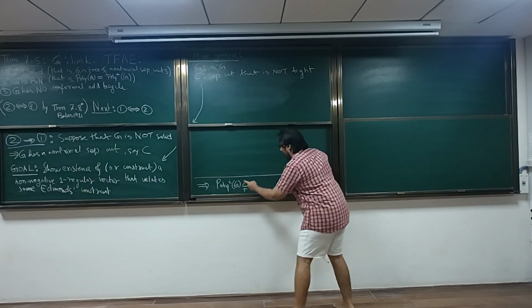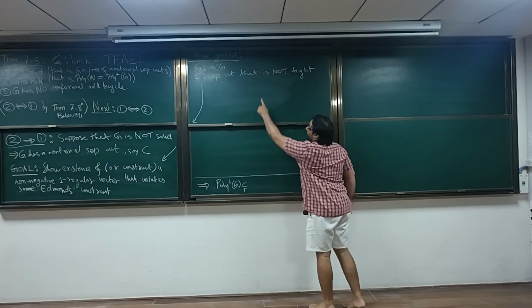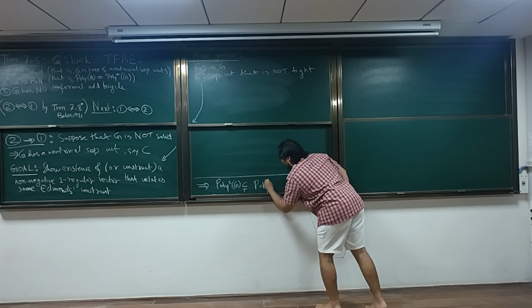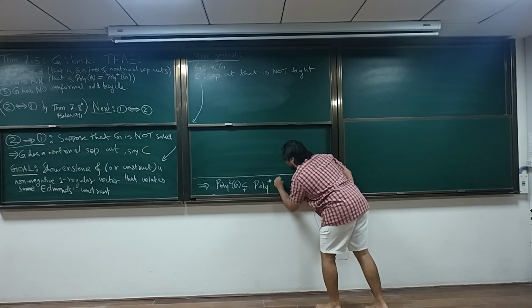So it will imply that the tight cut perfect matching polytope for this setting is a proper subset of the fractional perfect matching polytope.